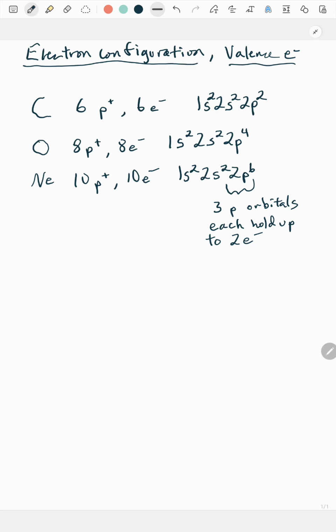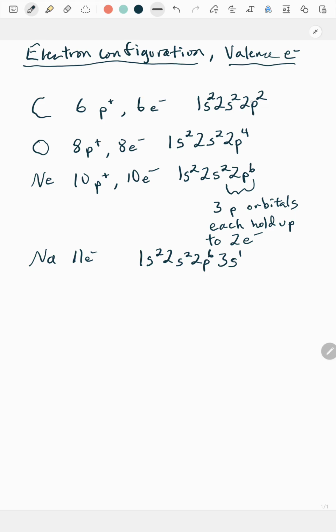Let's continue. The next element after neon is sodium, with 11 protons, so 11 electrons if it's neutral. To write the electron configuration for sodium, we have 1s2, 2s2, 2p6, which is like neon. Now we need to go into the next subshell, the 3s, and put the 11th electron into the 3s orbital. There's only one orbital in 3s.